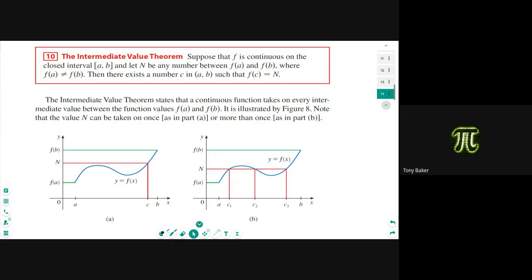The intermediate value theorem states that as long as f is continuous on such a domain, then for a number between f of a and f of b, where they don't equal each other to begin with, so they can't start the same, there's some number c in between that would equal that value.